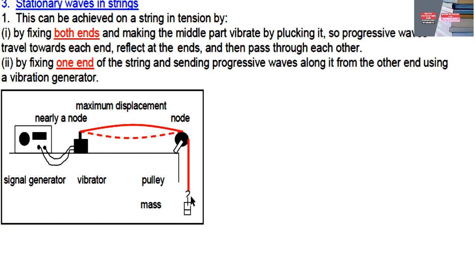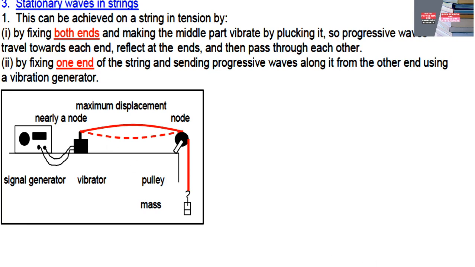Now the mass here is there to provide tension to the string so that we can form different types of stationary waves. You can observe different types of stationary waves, or you can adjust the tension in the string.